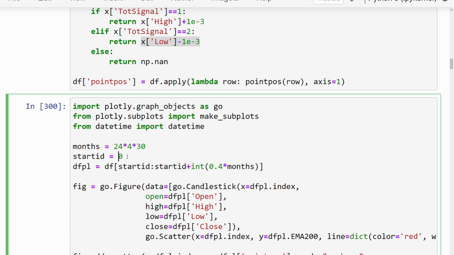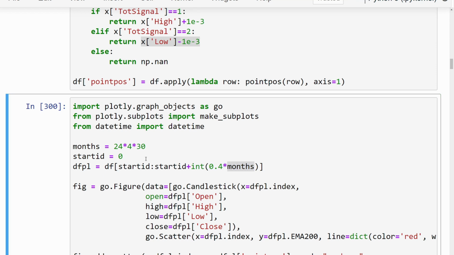For example, we're going to start at the beginning of the data frame, meaning at index 0, and I'm going to slice the DF plot, the data frame for plotting, as a part of my data frame that is starting at the start ID, which is 0 now, and ending at the start ID plus the integer cast of something related to months. So it can be 0.4 months, 2 months, 3 months, 30 months.